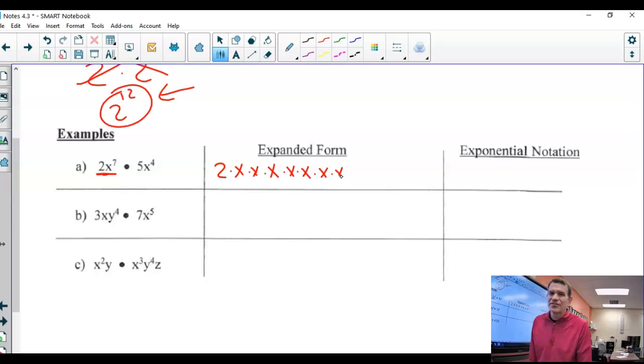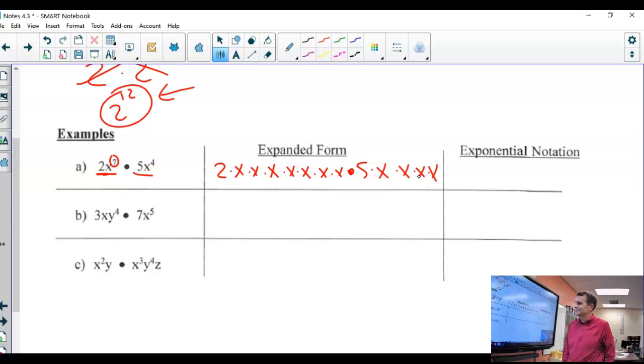That's right, there are 7 x's multiplied together thanks to this exponent. Times 5x to the 4th, that'd be 5 times x times x times x times x. Or in exponential notation, that would be 10x to the what? 11th, right?